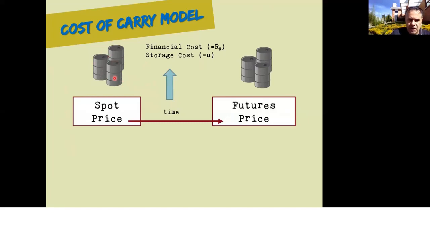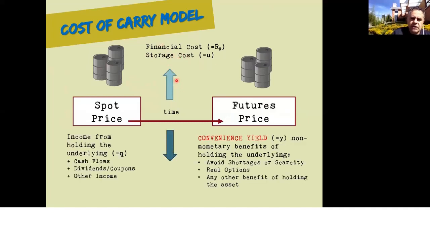If you buy it today, you will have to probably store it yourself. However, if you buy it in the future, someone else is going to be bearing that cost of storage. So these costs are added to the model. And likewise, any income coming from the underlying should be subtracted from the price because it's a benefit that the owner of the futures contract will not be receiving.